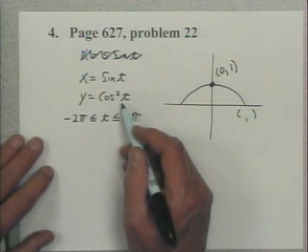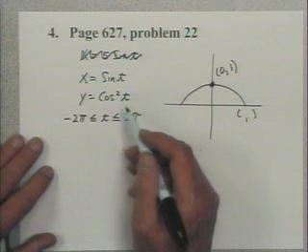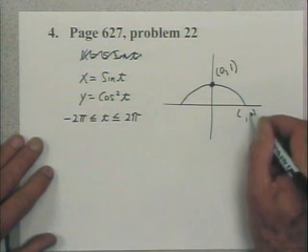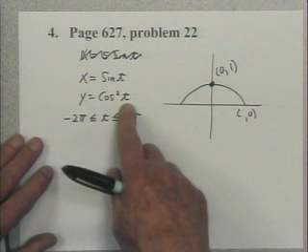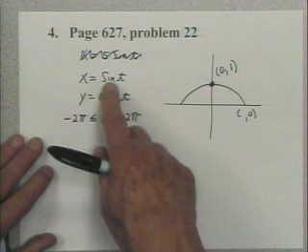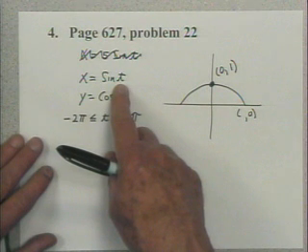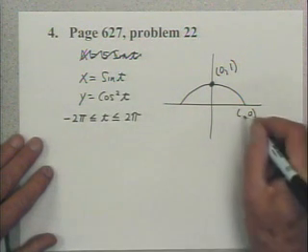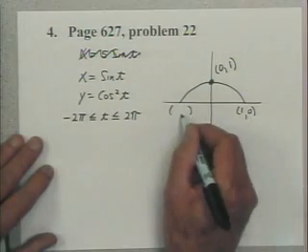What's the cosine of things like pi over 2, 3 pi over 2, and so on? So when this is 0, doesn't that mean t would have to be pi over 2, 3 pi over 2 or something? What's the sine of pi over 2, or 3 pi over 2? Well, it's either 1 or minus 1. See, I'm just trying to figure out where those points are. Guess where the 1 is on the left.